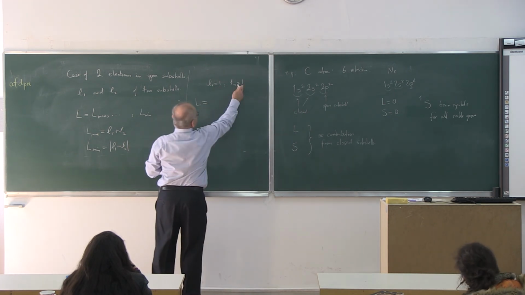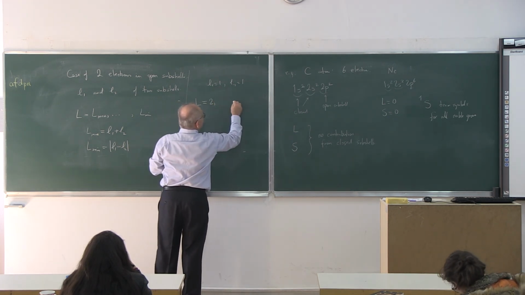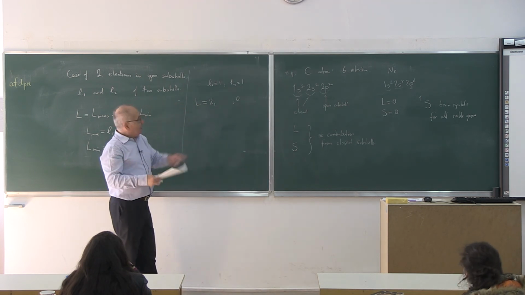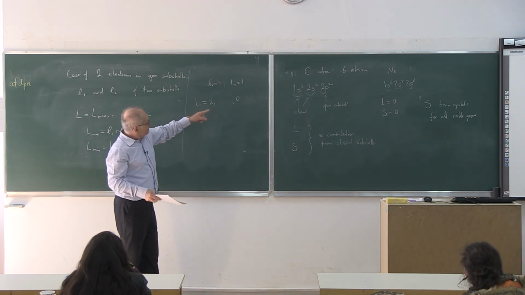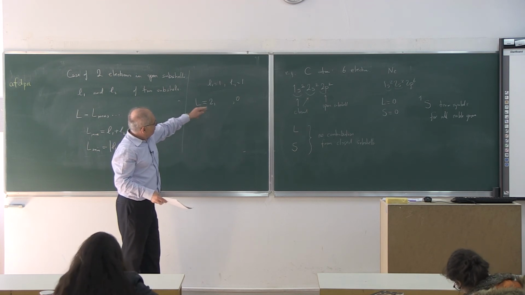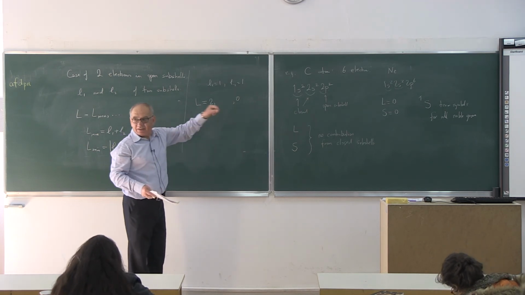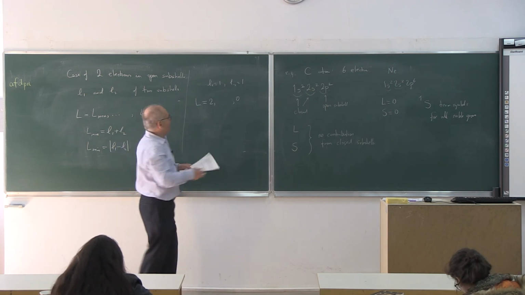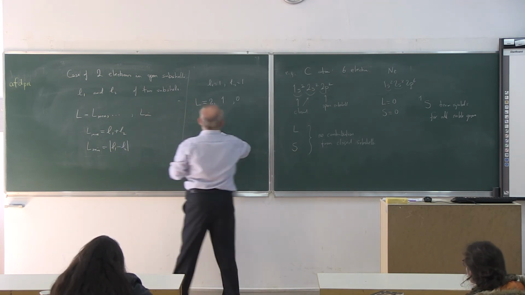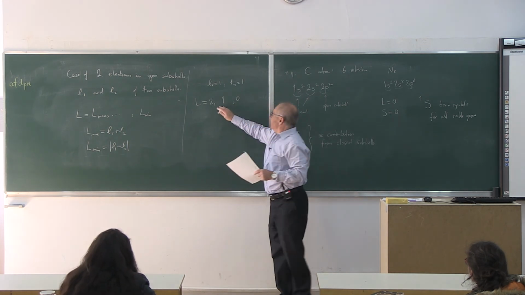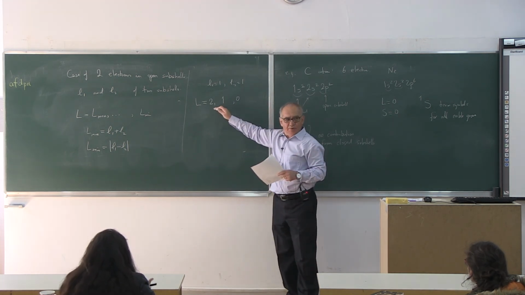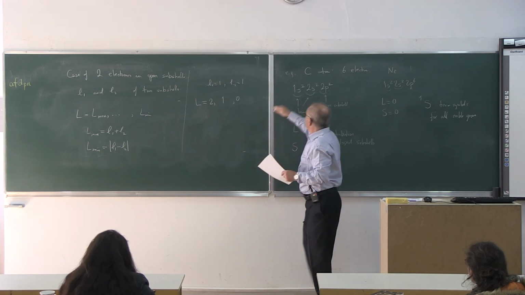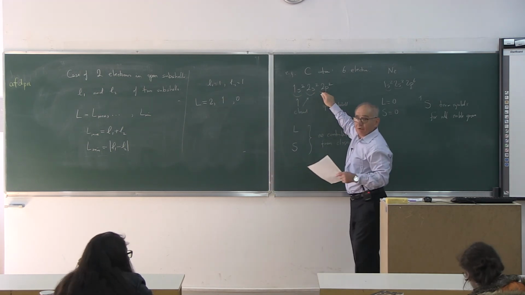Maximum value is 1 plus 1, 2. Minimum value is 1 minus 1, 0. And are there other numbers between 2 and 0 in integer steps? There is just one value. What is that? 1. So these are the possible values for the total L arising from this electron configuration.